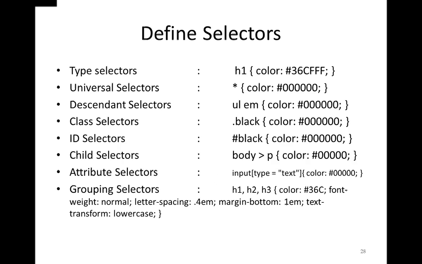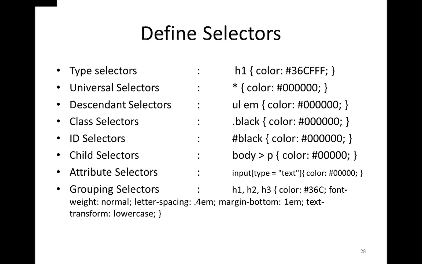And coming to the selector, we define the selector in different ways. Type selector. Type selector means we specify very clearly which tag we are going to use for applying this style. And universal selector. Universal selector means all the elements, whatever elements are there in the HTML page, this style rule will apply to them.